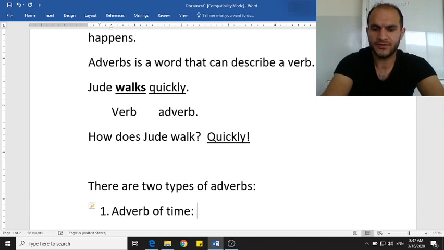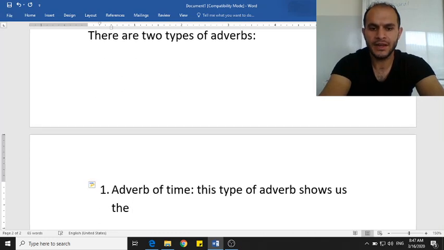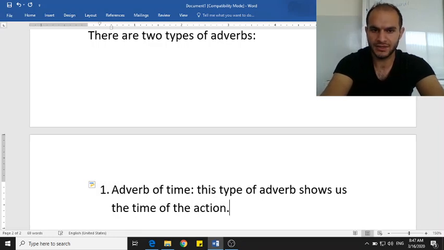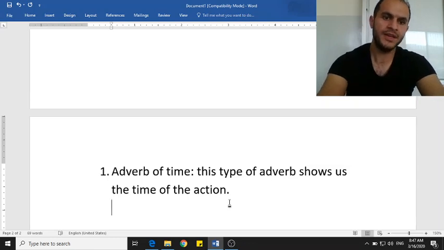This type of adverb shows, or we could say, this type or this kind of adverb shows us the time of the action. It shows us the time of the action. For example, I want you to find the adverb here.